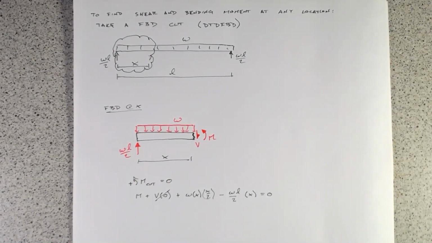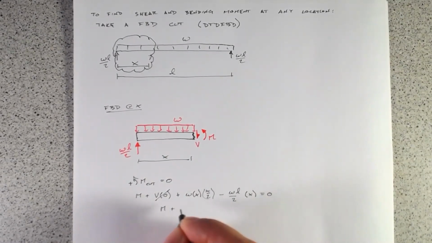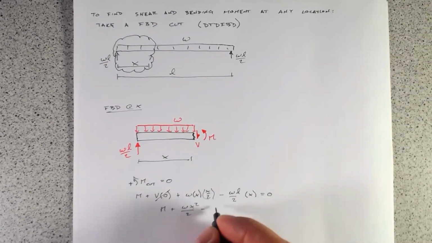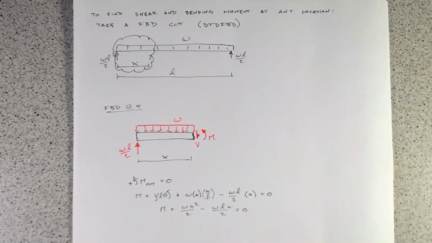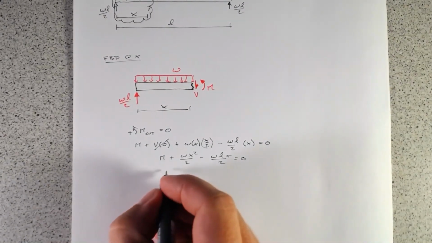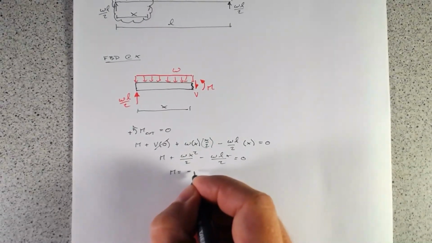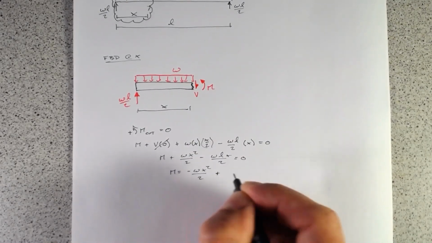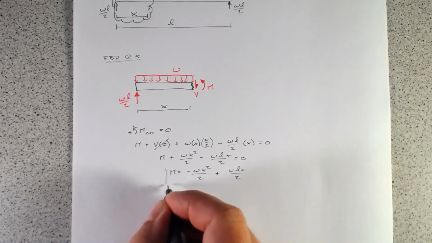So let's do a little bit of rearranging here, and what we find is M plus wx squared over 2 minus WL times x over 2 equals 0. And so M equals minus wx squared over 2 plus WLx over 2.